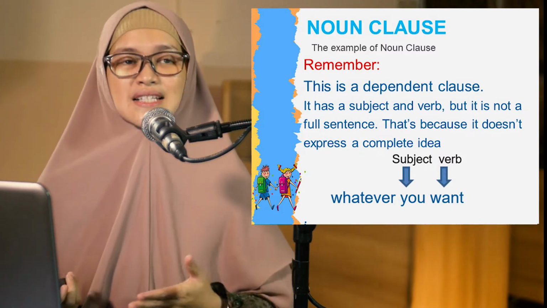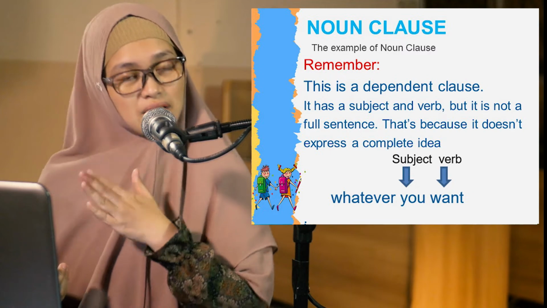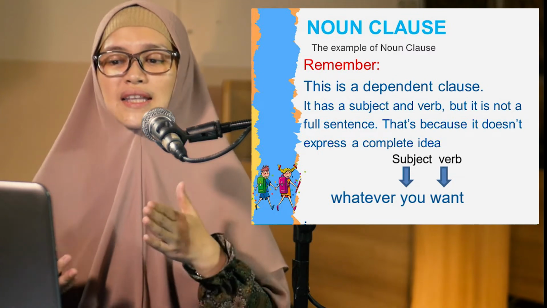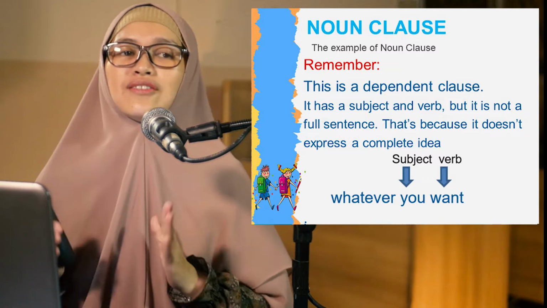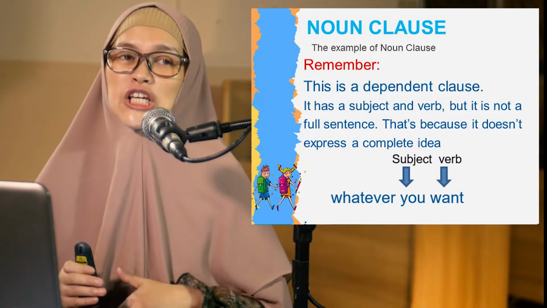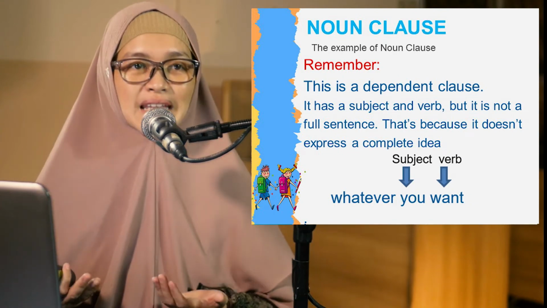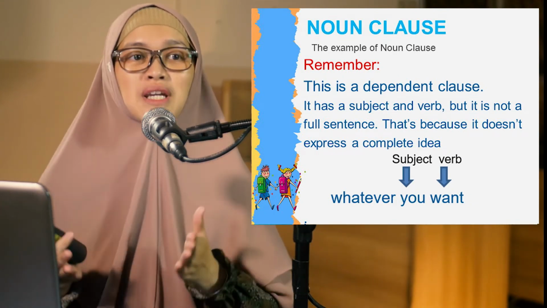It has a subject and a verb. Yes, you is the subject, and want is the verb. It has a subject and verb, but it is not a full sentence. That is because it doesn't express a complete idea. It could be a dependent clause and an independent one.